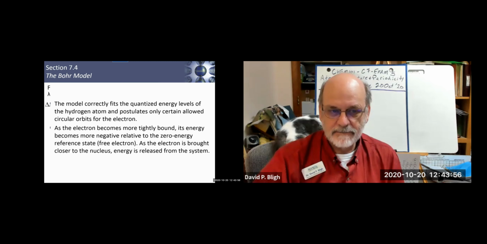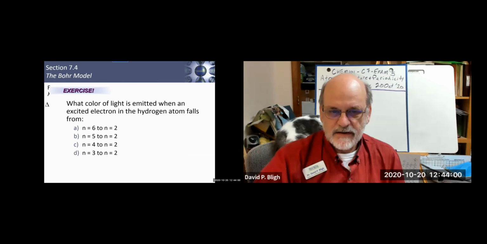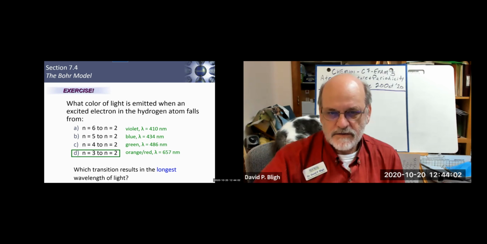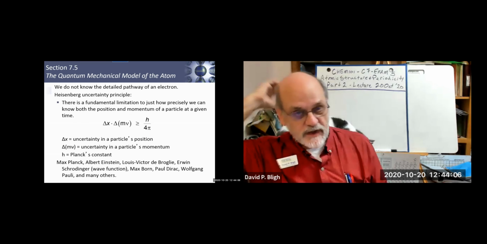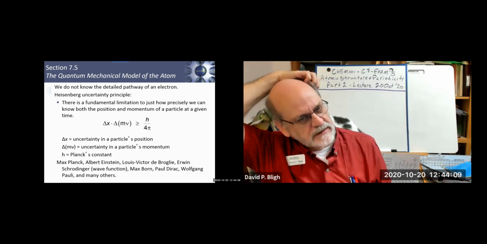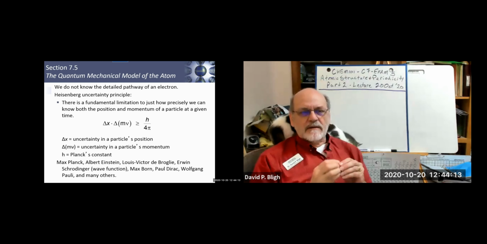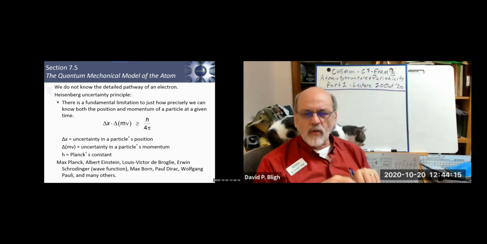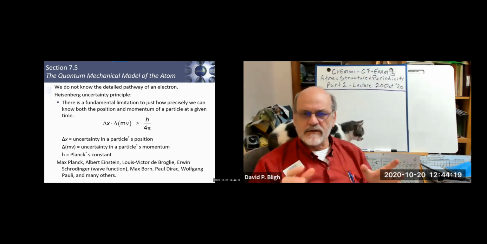Okay. So yeah, that's it. Okay, so here's where we stopped the last time with the Heisenberg uncertainty principle. There were a whole host of scientists at the beginning of the 20th century working on this problem because the Bohr model just did not satisfy.